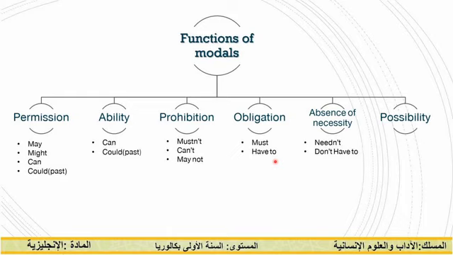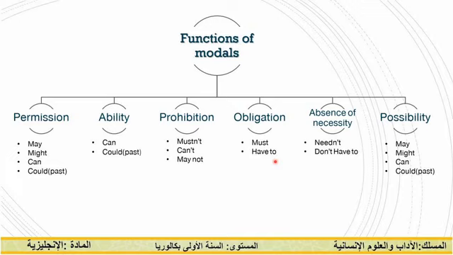Possibility means, in French we say possibilité, c'est possible, so something that is possible. Something that we can do. And then one of the modals that we have for possibility is can, and then could for the past, and then we have may and we have might.